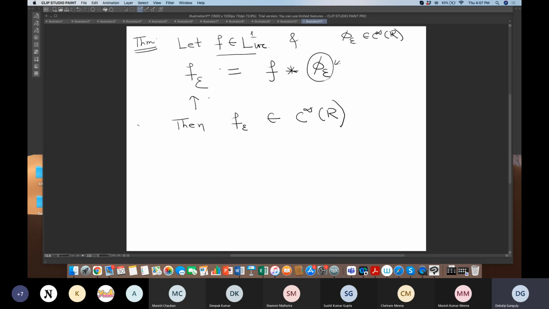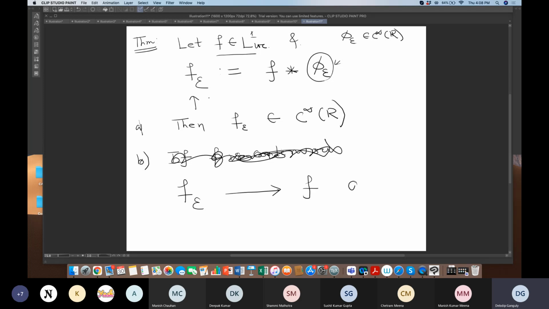This is part A. Part B says that f epsilon converges to f almost everywhere. Sorry, it doesn't require continuity first. This is another beauty.